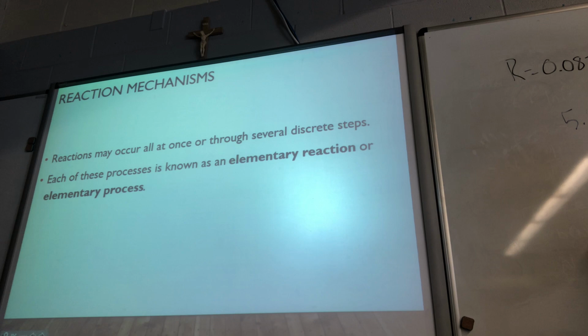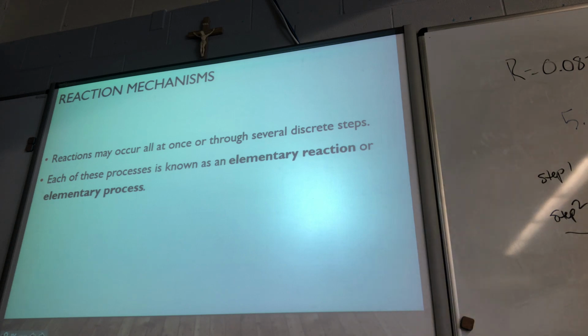If we now say that what we really want to get is an overall process to make a different thing altogether, we can do it in multiple steps. And you've seen the multi-step approach before, right? Kind of, sort of. You remember our Hess's law problems. Okay.